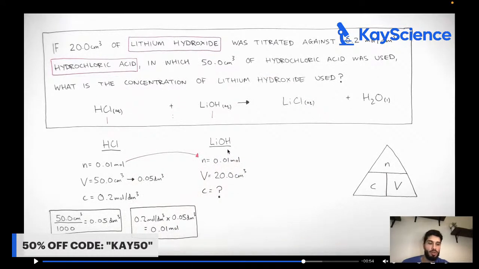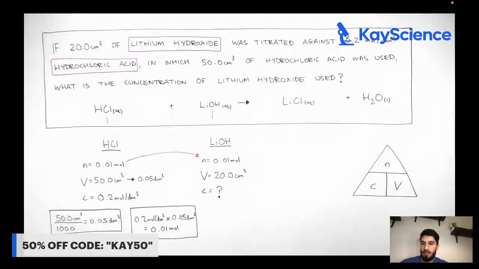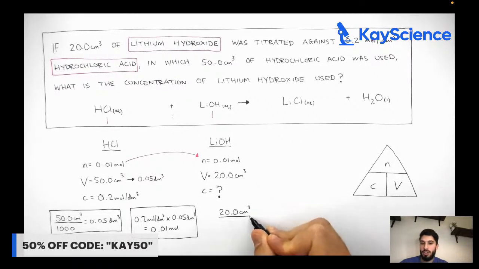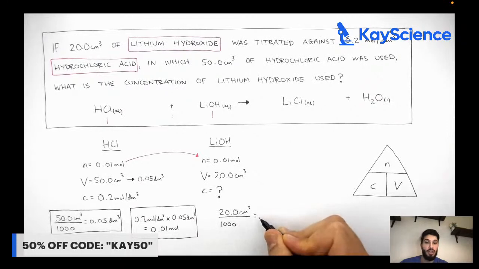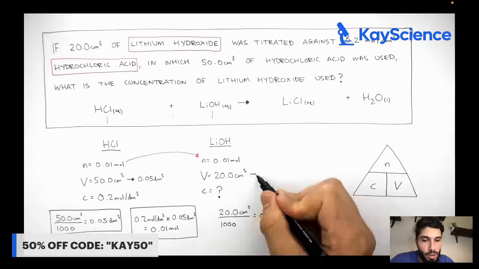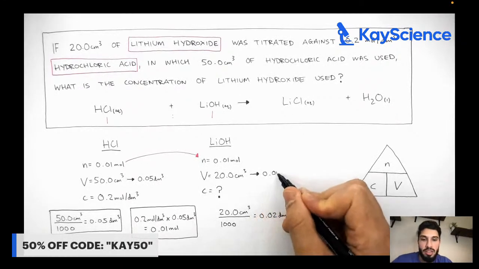So now we've got the moles of lithium hydroxide and we have the volume of lithium hydroxide. But the problem is, again, notice the volume of lithium hydroxide is 20 cubic centimeters. So again, we need to convert the cubic centimeters into decimeters cubed. So we do 20 centimeters cubed divided by 1,000, which equals 0.02 decimeters cubed.